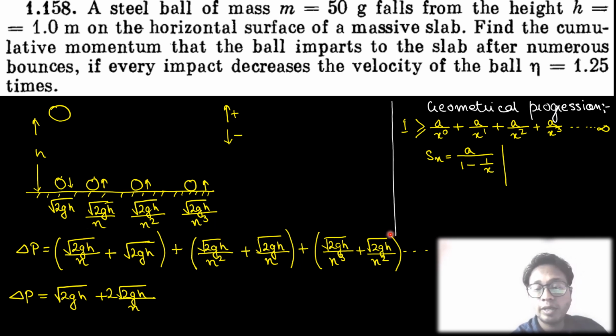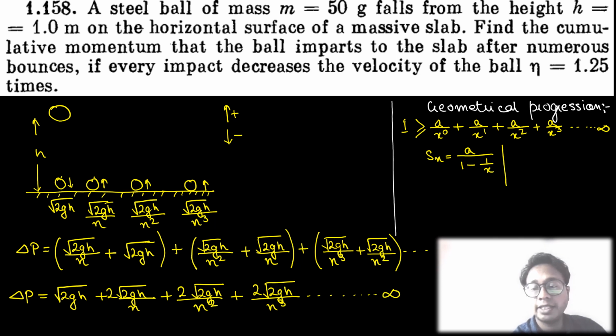Similarly, n² will also appear two times. So plus 2 into √(2gh)/n² plus 2 into √(2gh)/n³ for the third bounce, and so on. This is the pattern up till infinity. Now this pattern uses the concept of this one.